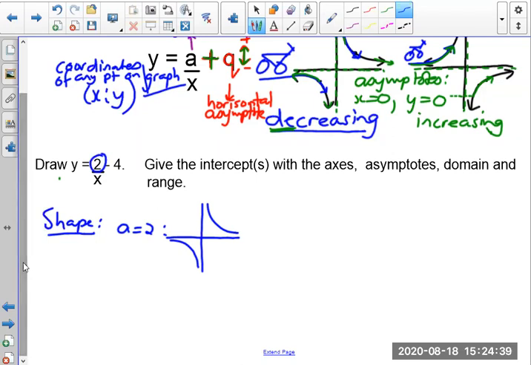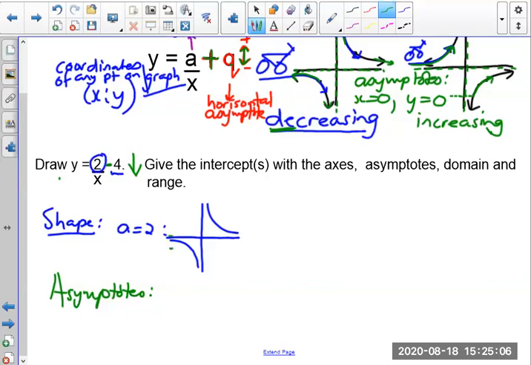But now here is your Q. So that means you have a new asymptote. So you always have two asymptotes for a hyperbola. Now, if you just add the minus 4, it means your graph moved down with 4 units. So this whole graph moved down with 4 units.